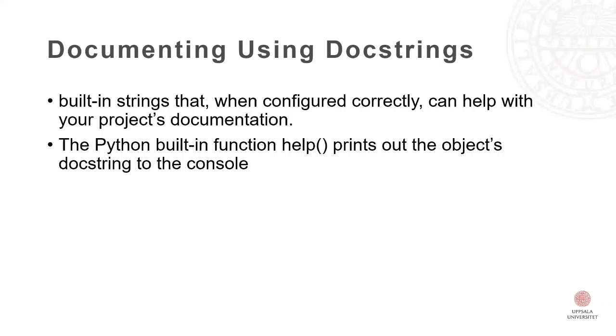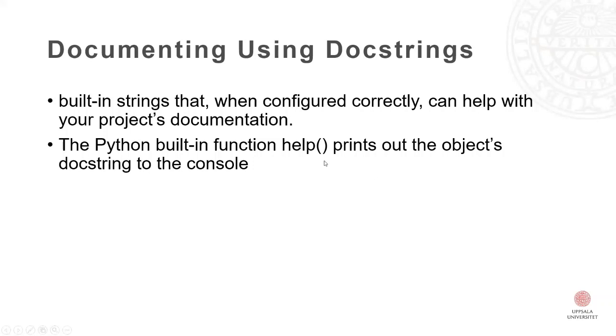And in Python, we can use docstrings to document our code. You saw that the comments did not have any special structure. You could write anything you wanted in any format that you needed. You just had to have hashtags in the beginning. But docstrings are built-in strings that, when you write them correctly, can give documentation for your code.